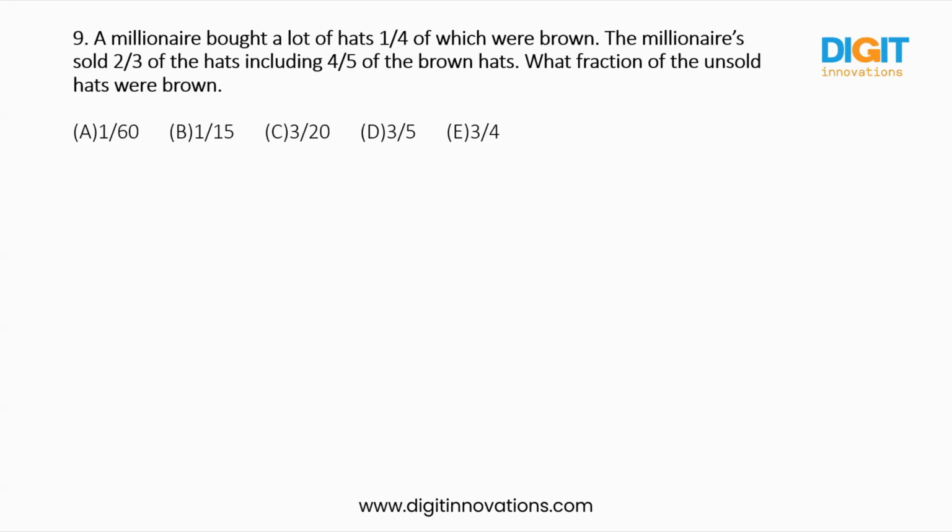So what they're asking is, in the total brown hats, how many are unsold. We don't know how many hats there were, so I'm going to assume one value. I'm going to assume some number of hats, and in that I'm going to take 1/4 of the hats which were brown.